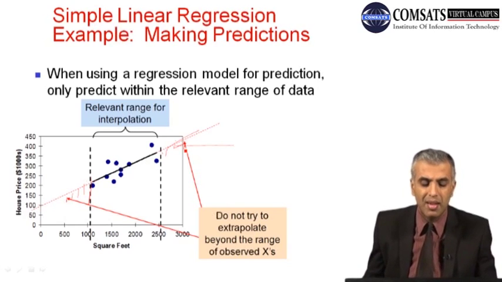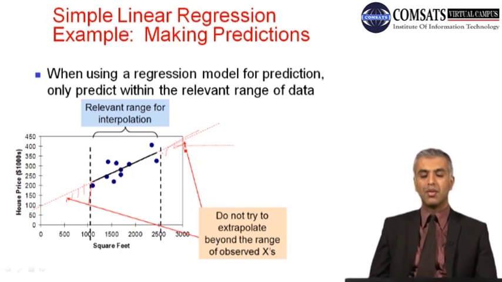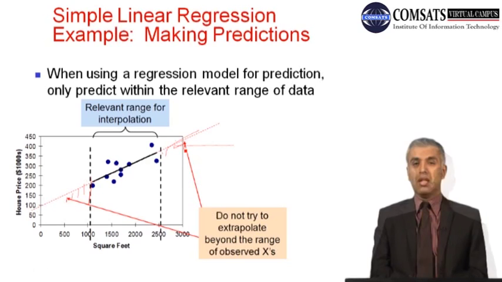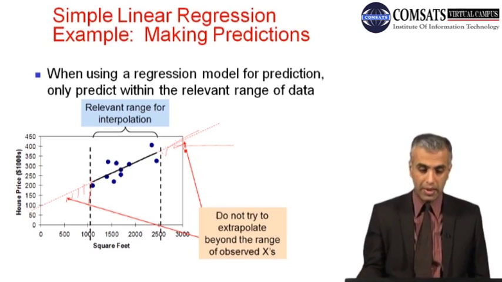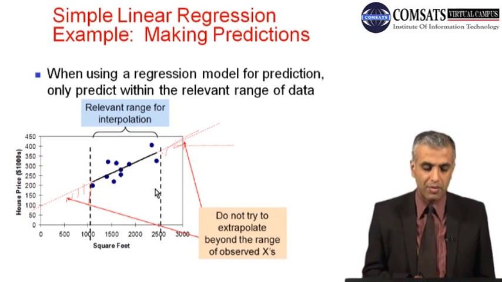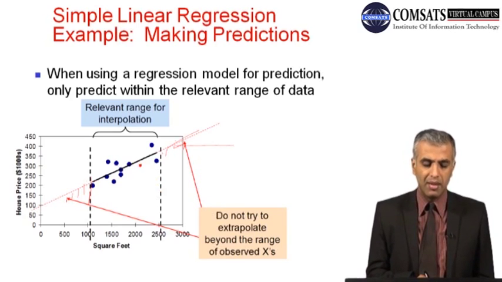Now the other part is related to the relevant range for interpolation. Extrapolation is highly inadvisable, because all we can do through the equation which we have obtained in previous slides is try to predict the values within this range.